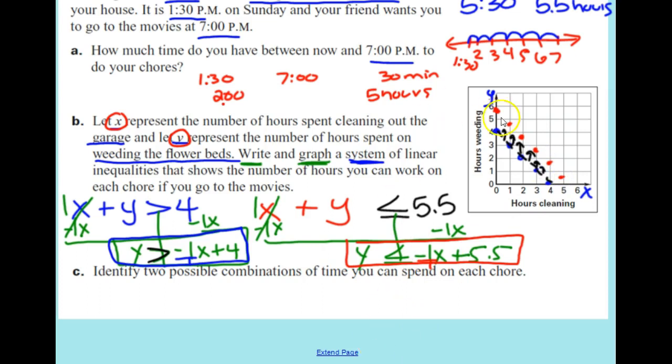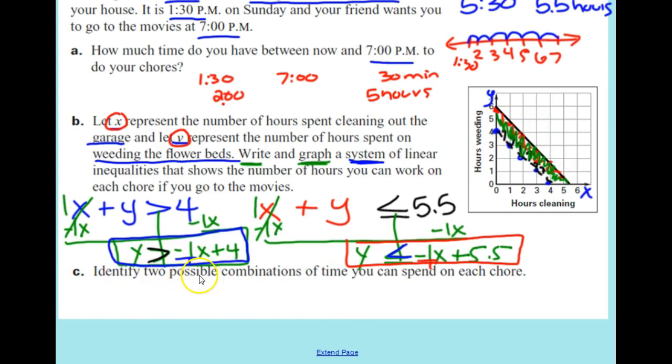This one has a solid line and has the less than symbol, so this one would be shading below the line. So you can see both arrows are pointing between this little area here. I'm just going to color it in now. So the amount of time we spend on our chores has to be greater than this line, but less than this line in order for us to go to the movies.